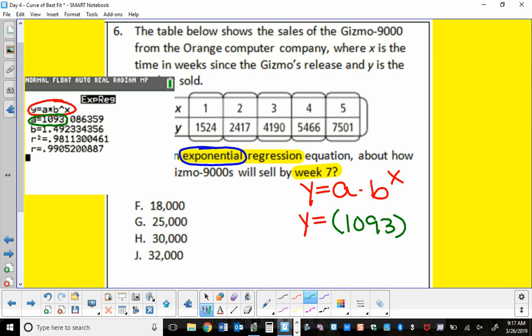So 1093 times my B is 1.49. Then I need an exponent of x. Well, we're trying to find what my week is. So my x is going to be 7. That's what I'm trying to find. I'm trying to find how many we're going to sell by that 7th week.